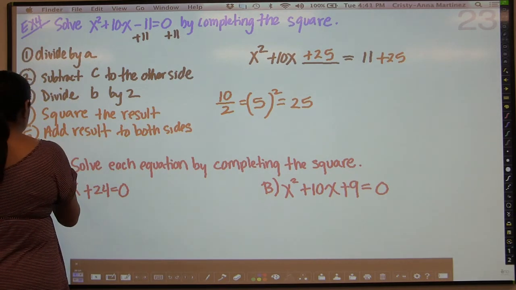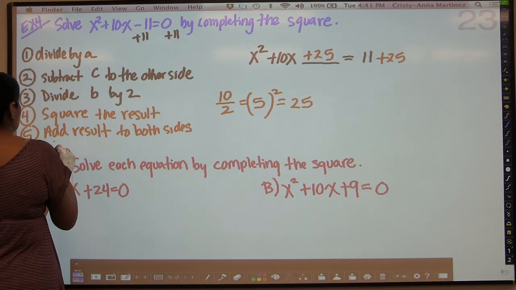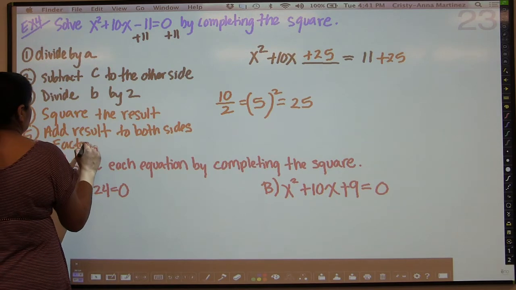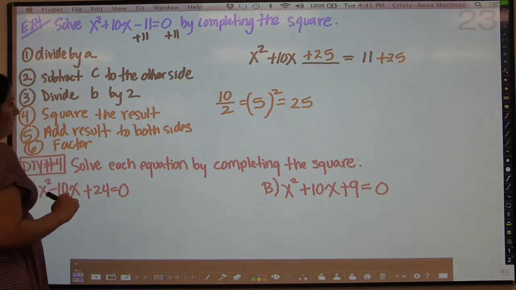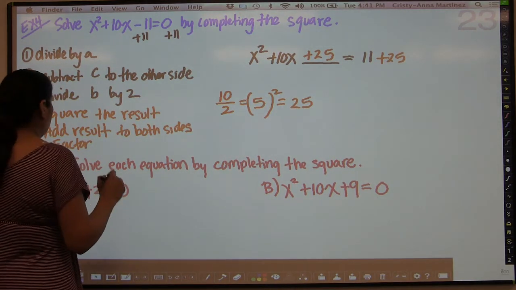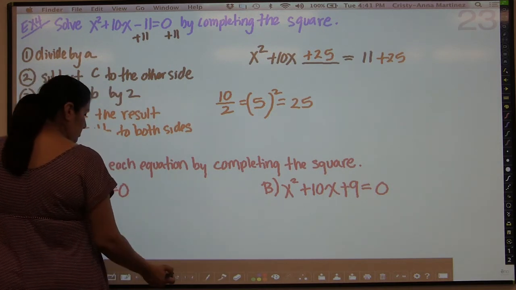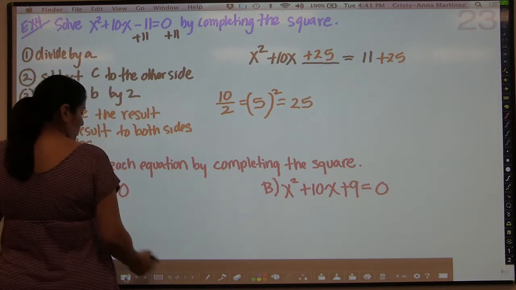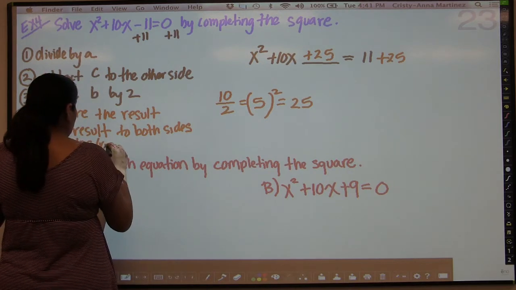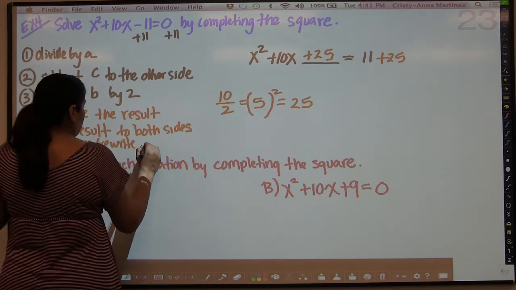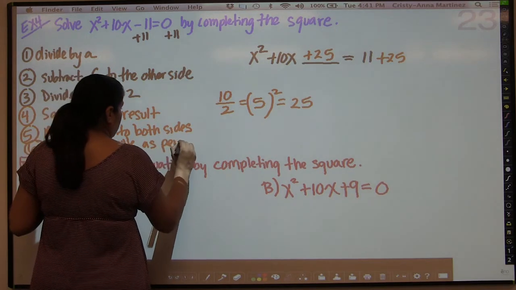So for step 6, you want to factor the expression or rewrite it as a perfect square.